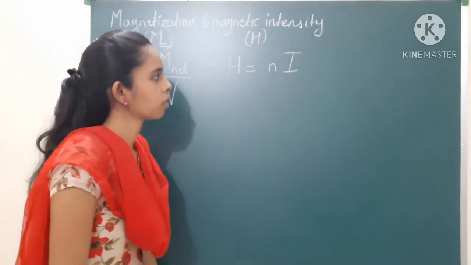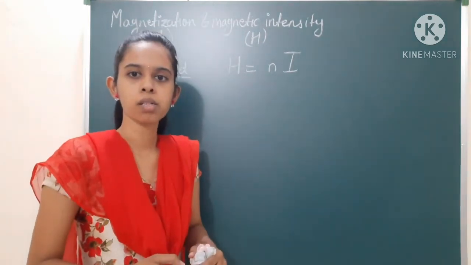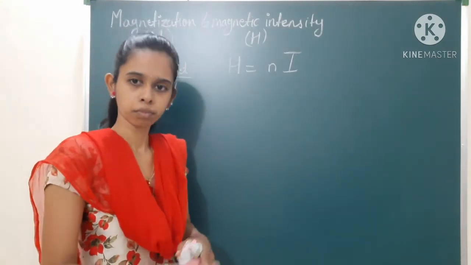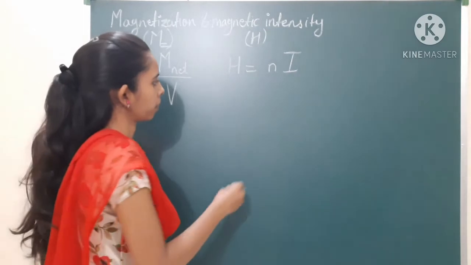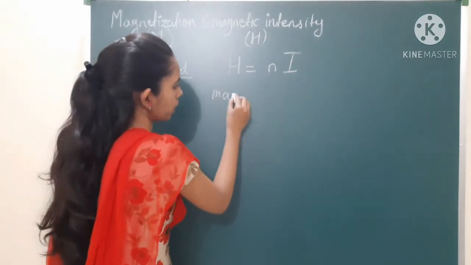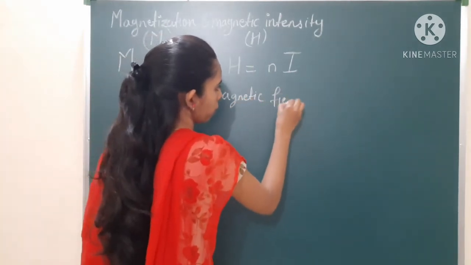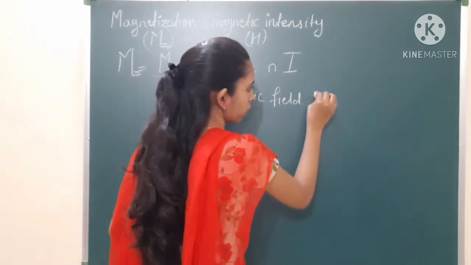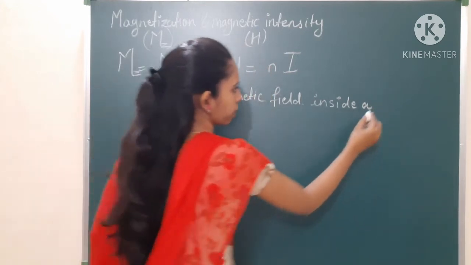Now if we take a solenoid and convert it into a circular form, then that solenoid is called a toroid. Now let us consider the magnetic field inside a toroid.